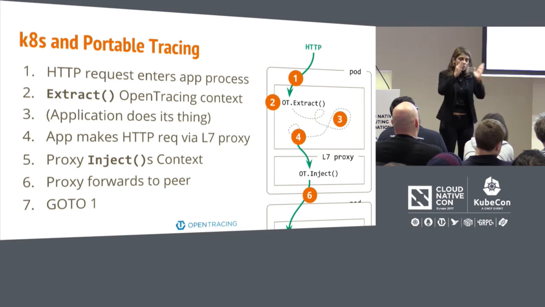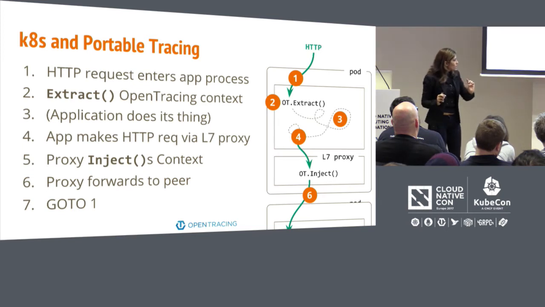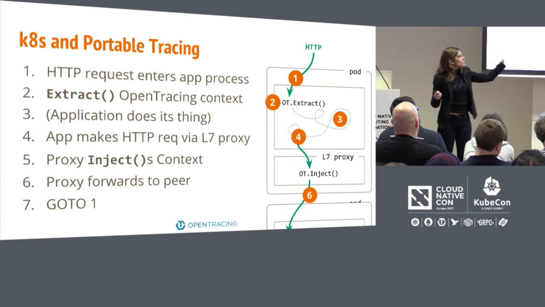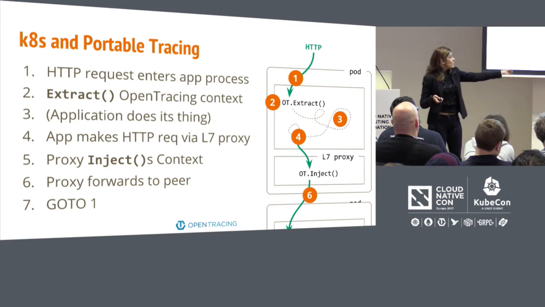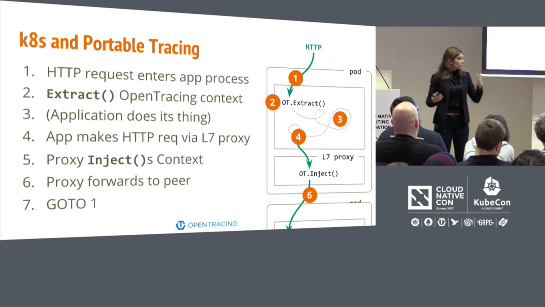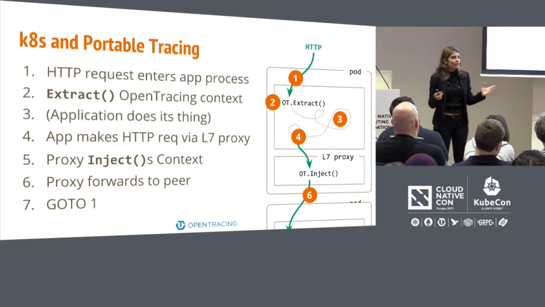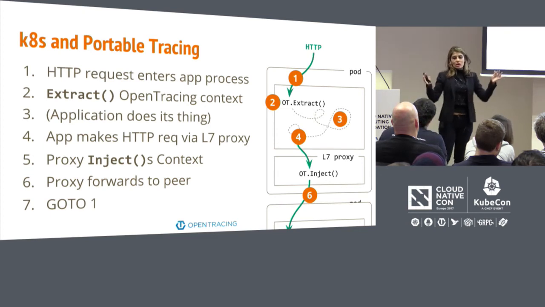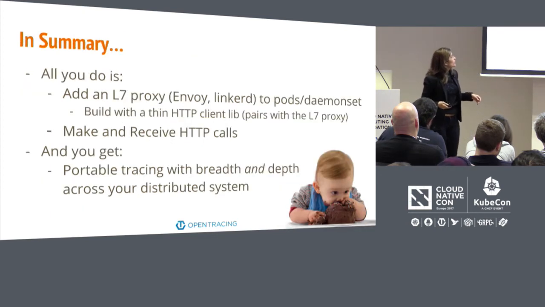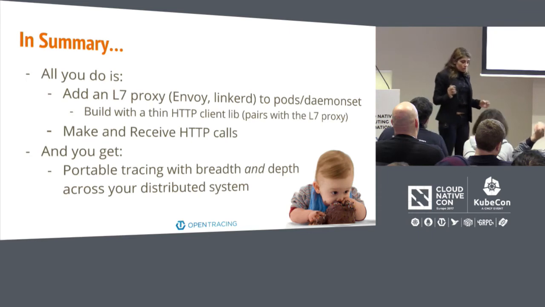Now that created 1 span, right? We remember that part. But because we did extract already, the proxy injects the context, and then it forwards it to the next pod. And so you can use it in daemon sets or pods, whatever. Then you rinse and repeat the process, and suddenly you have everything visible across your entire Kubernetes cluster.